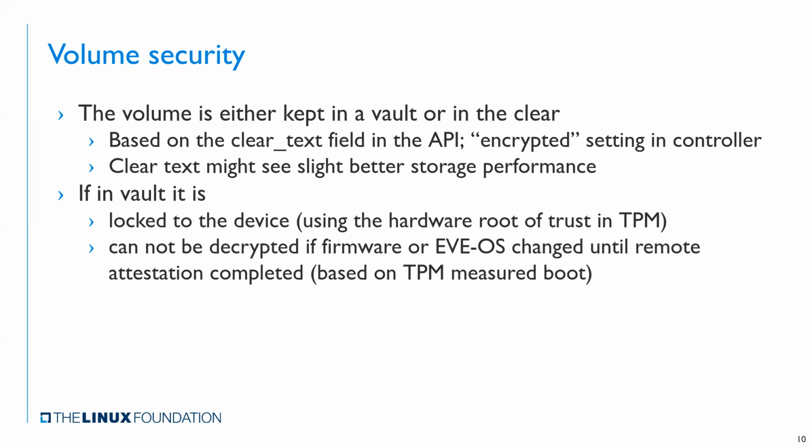So this is using the standard TPM measured boot mechanism, but it means if somebody puts in a bogus BIOS or whatever, or manually changes EVE on the disk by taking out the disk and putting something else on it, the controller would presumably say no, that's not a valid remote attestation chain, or sorry, PCR extension chain. These PCR values are not something I've ever seen before. You can't actually access the disk.